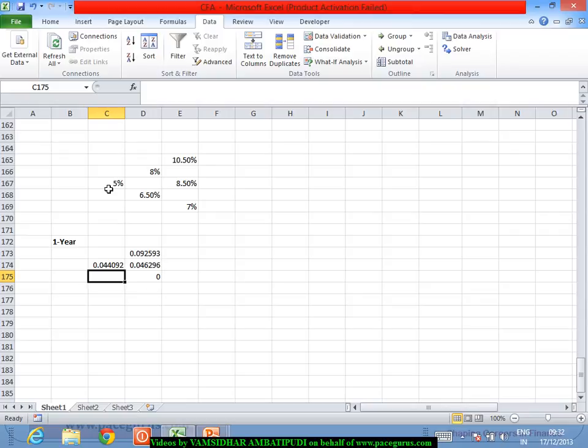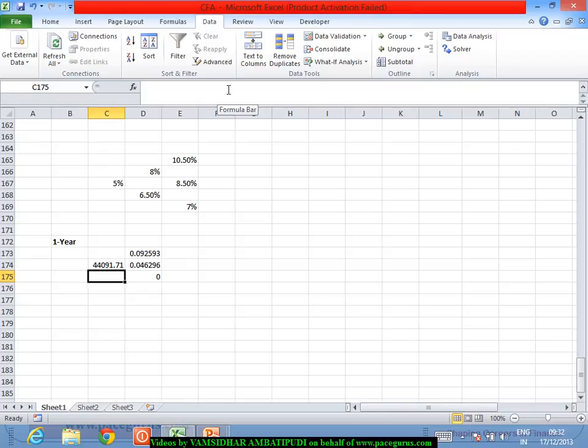It is working out to, I can keep it in millions itself, because this one also I have kept as 10 million. So the value is 0.04 million, working out to, if I multiply this entire thing by 1 million, it's working out to somewhere around 44,000.